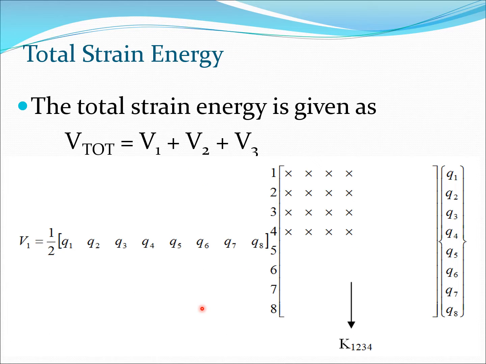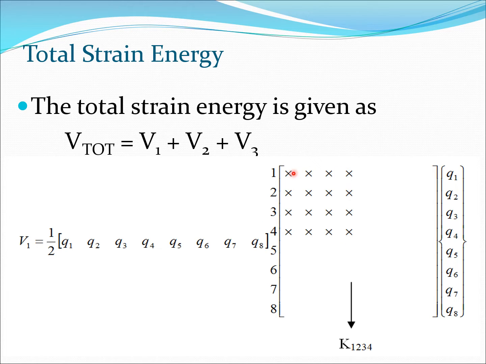Now how we do that is we are going to get the strain components coming out of each of these three segments. So let us look at the first one here. Now we take the 8 degrees of freedom and we realize for the first segment only the first 4 degrees of freedom are there.